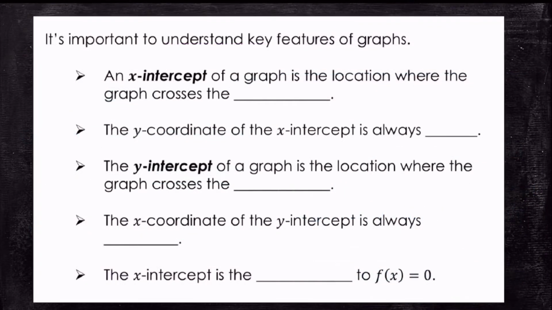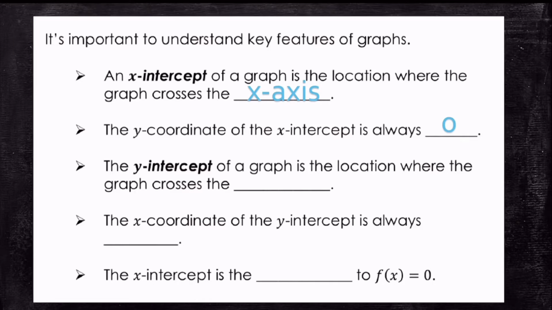So now we need to stretch this a little further. That's a little review of functions. But in a function, we have key features. We have something called the x-intercept. That's the point of the graph that touches and crosses the x-axis. So the y-coordinate of my x-intercept is always 0 because I'm not moving anywhere on my y.